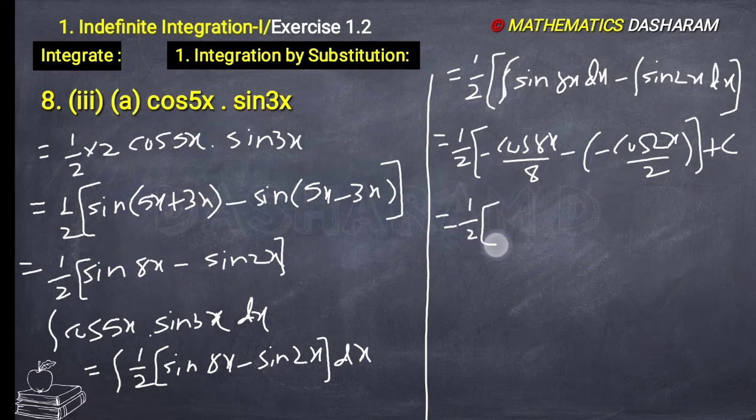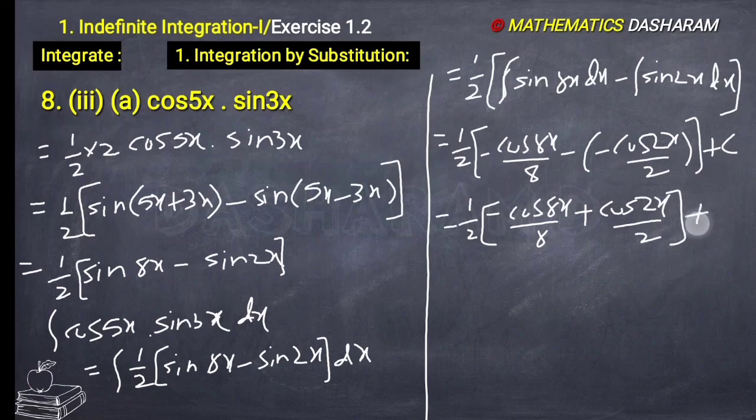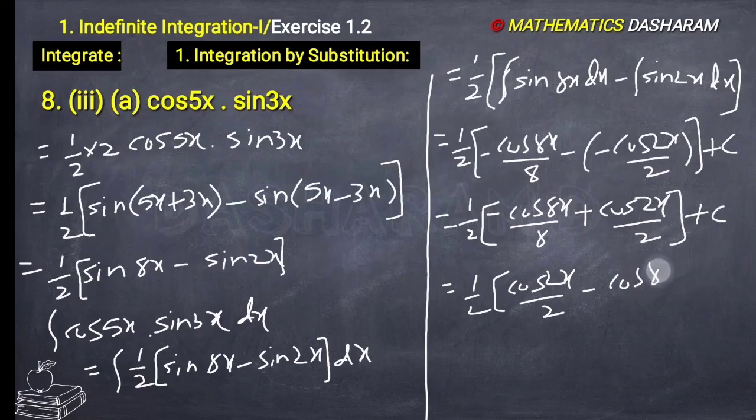So 1 by 2 bracket of minus cos 8x by 8 plus cos 2x by 2 plus c. So 1 by 2 bracket of cos 2x by 2 minus cos 8x by 8 plus c.